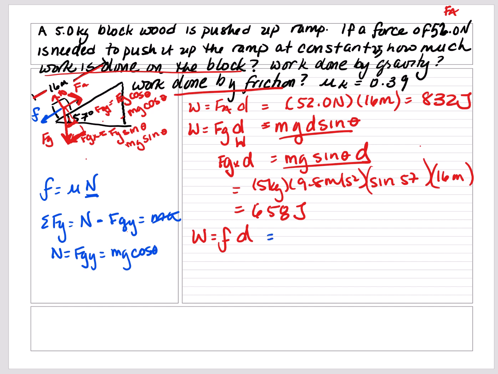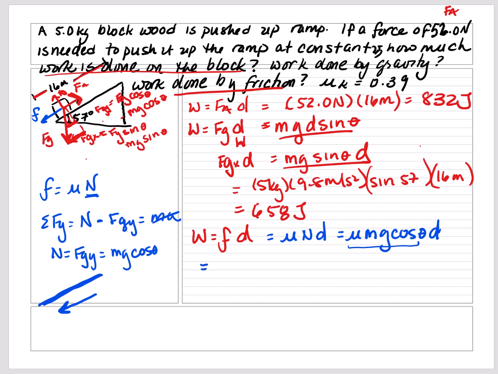So if I plug this in, this becomes mu N d, which is equal to mu mg cosine theta. So that's friction right here, times d. I do not have to resolve the d, because if you look at my force friction vector, it's going down the ramp, and the displacement given is along the ramp. So these two are parallel.